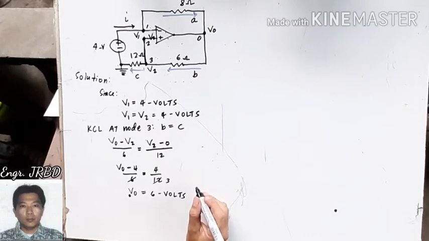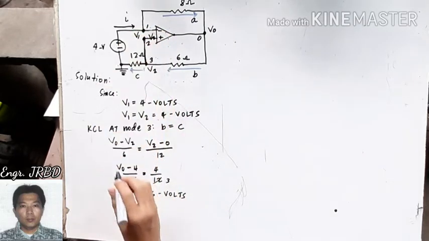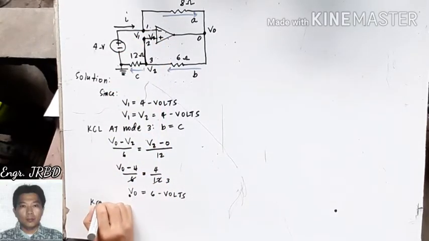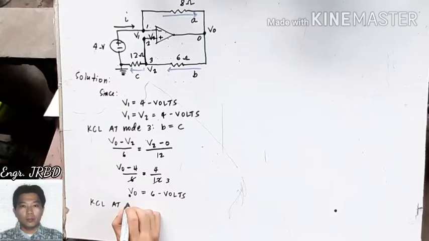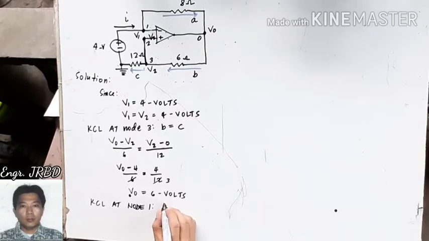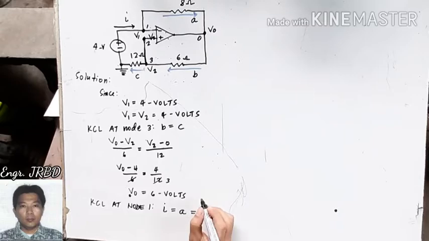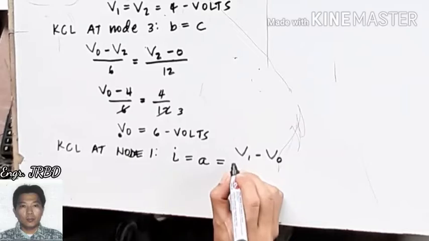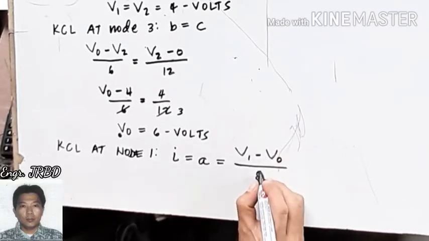Okay? So how do we obtain now your I? You just have to go back into terminal 1. So KCL at 1, that is I is equivalent to A. Expressing your A in terms of the node voltage, that is V sub 1 minus V sub O all over 8 ohms.